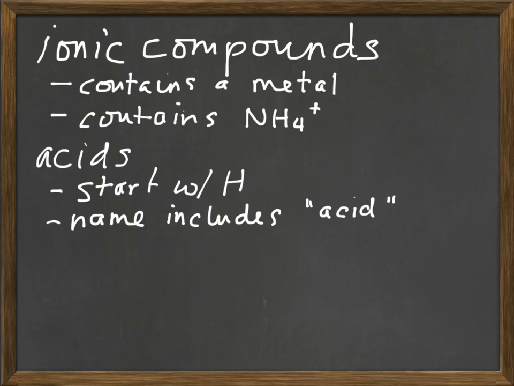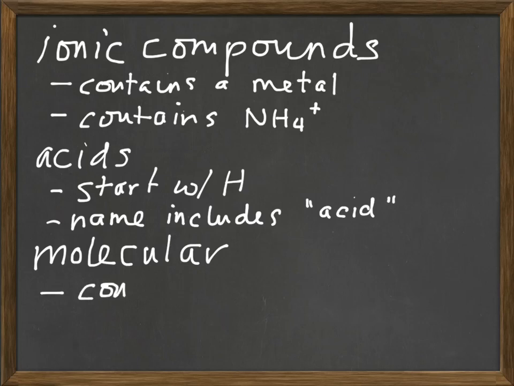And then the other category, which I believe your book called molecular compounds, right? I need to adjust that worksheet. And then we have the molecular compounds. The molecular compounds contain two nonmetals.